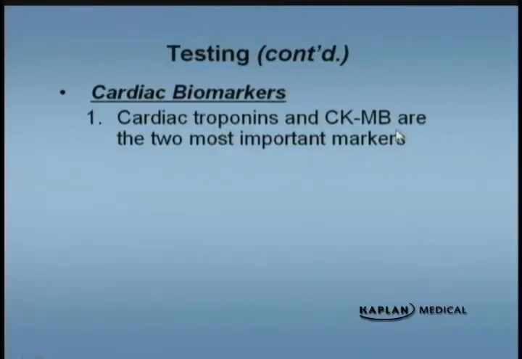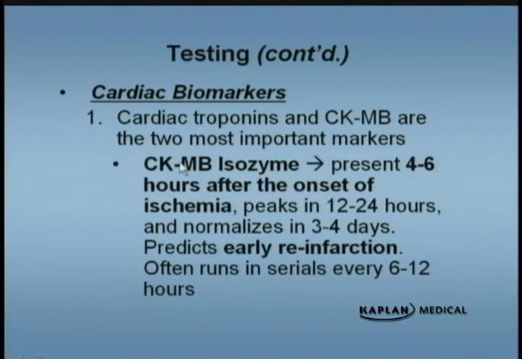Now, let's look at our biomarkers. Troponins and CKMB are extremely specific to the heart. See how it says it's present 4 hours after the onset, but it won't peak for 12 hours. It only lasts for 3 to 4 days.